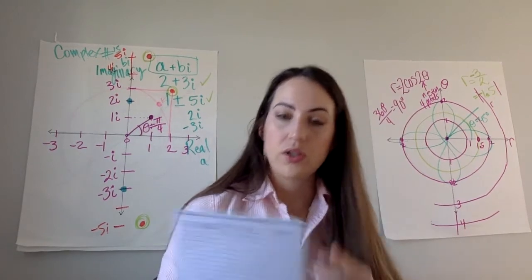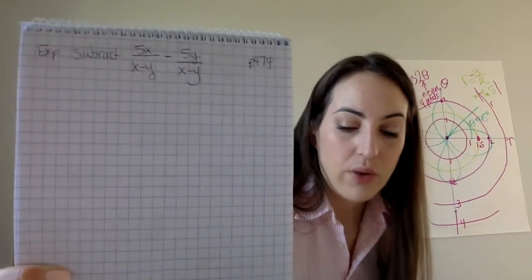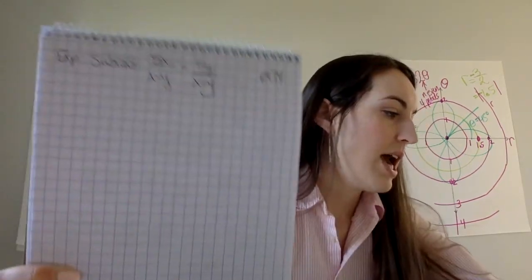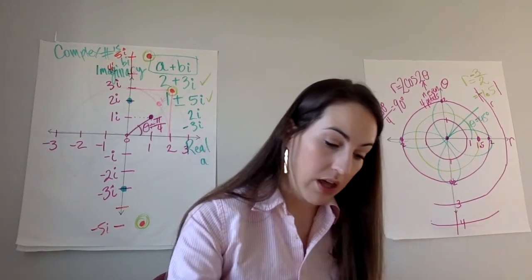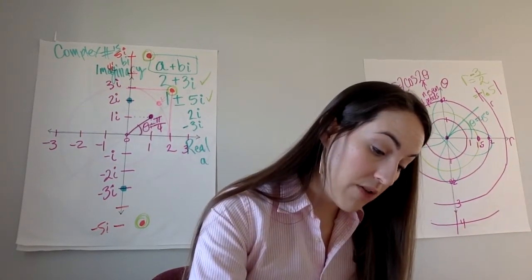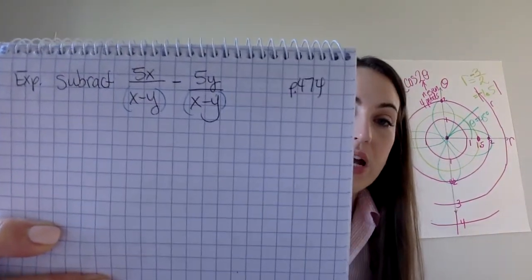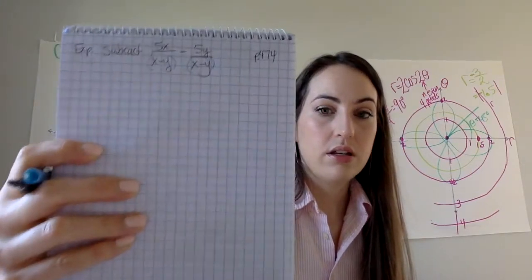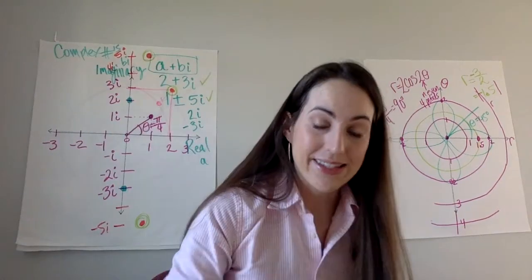Okay. So looking at this, what is our least common denominator? Well, I want you to think of each of those binomials as a unit, maybe even as imaginary parentheses around the outside of it, okay? That's the denominator for each of those. Do you notice they're exactly the same?